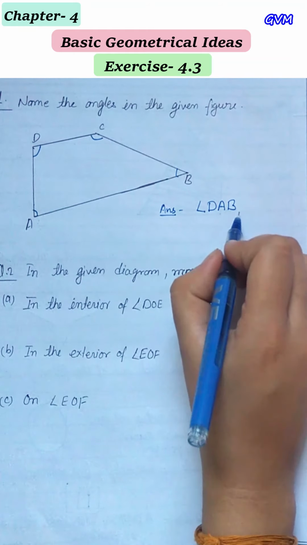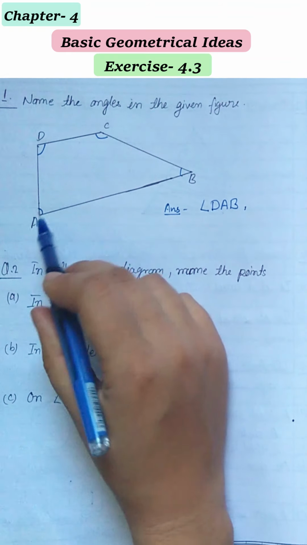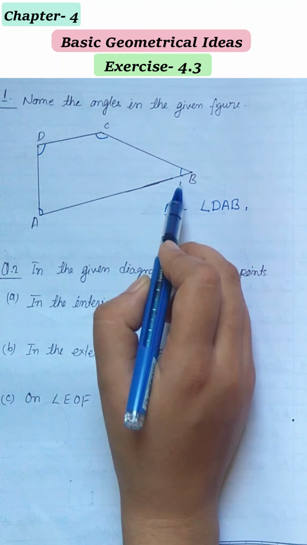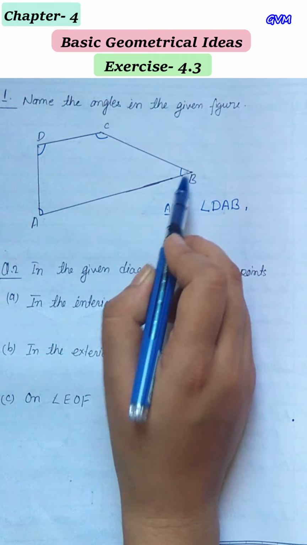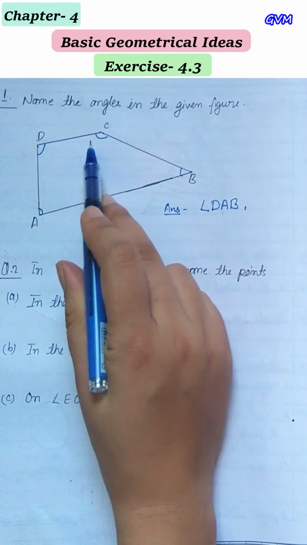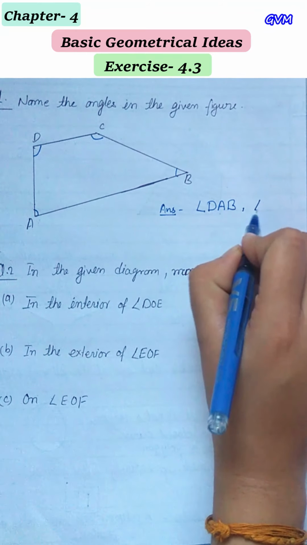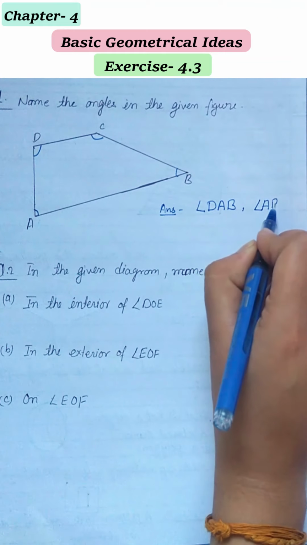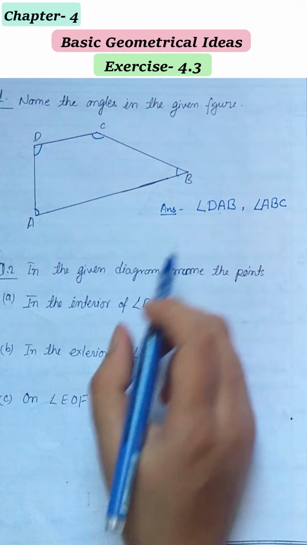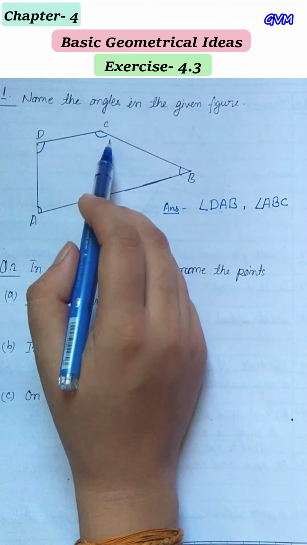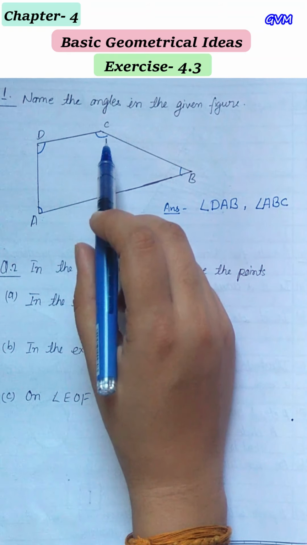Second we have ABC, because we want this angle, so this will be angle ABC. Now third angle we have at C. So what is the other name we can call it?